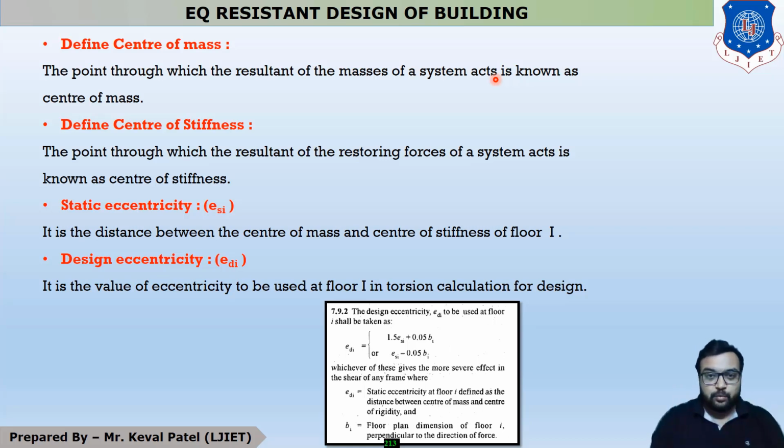So in this type of example, we have two types of examples. The first one is uniform mass distribution and the second one is non-uniform mass distribution. So the point through which the resultant of the mass of a system acts is known as center of mass.